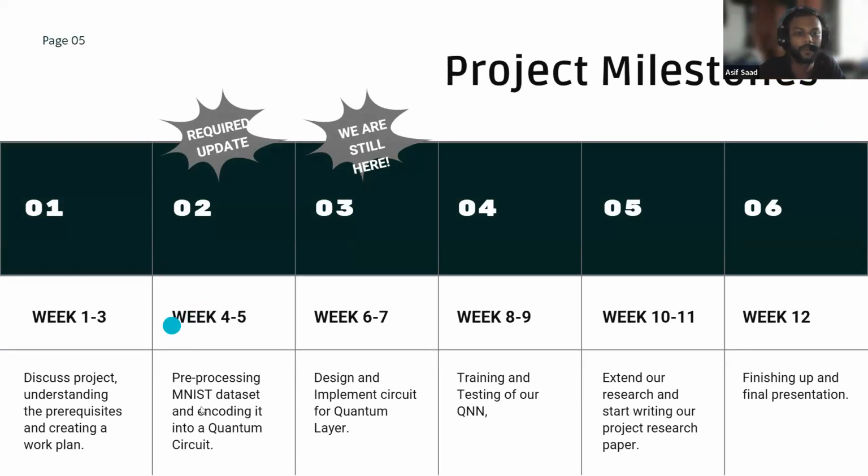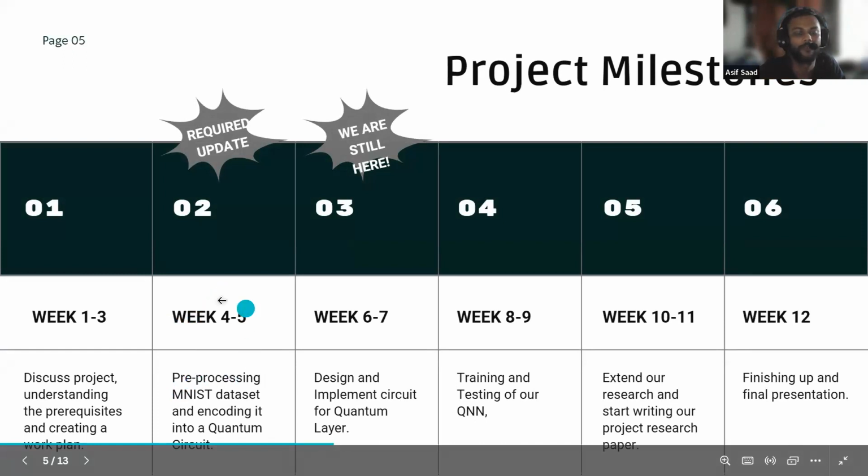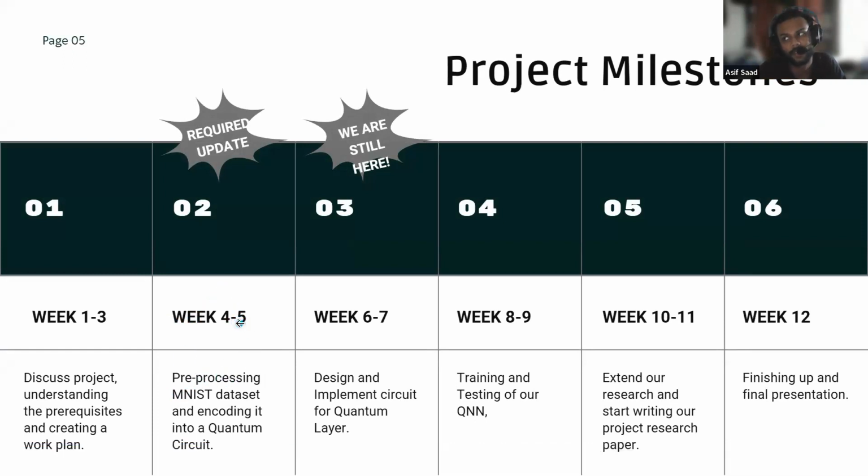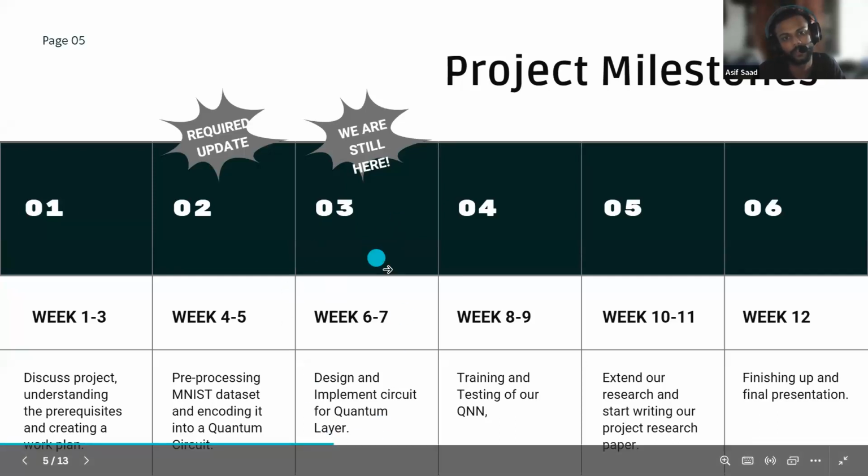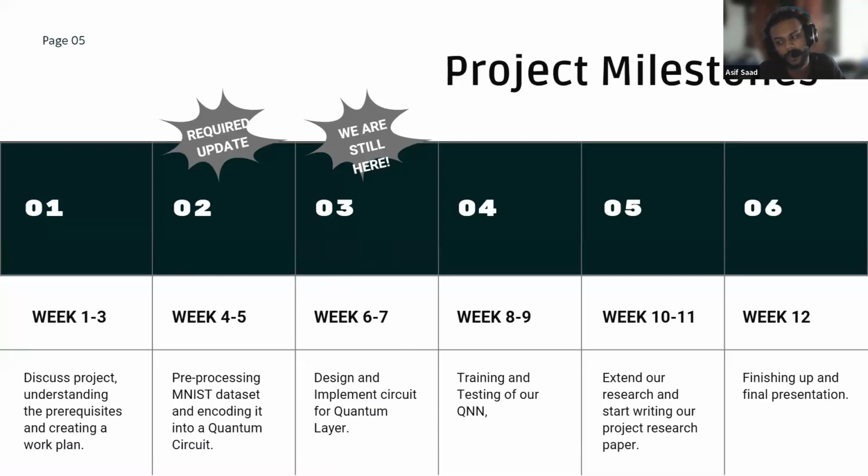Previously, in weeks 4 to 5, we decided on an encoding method, and before this presentation we were working on the quantum neural network. However, due to some limitations, we could not progress much in this phase. So we require an update at this stage to build a better encoding system that is more scalable and compatible with our preferred quantum architecture.